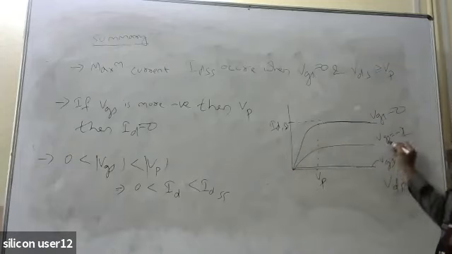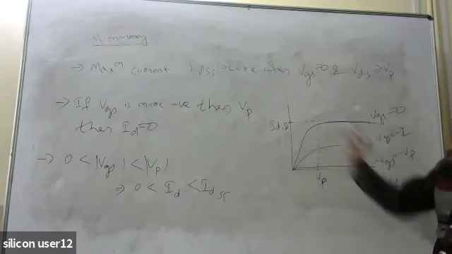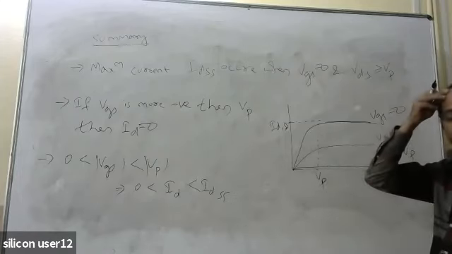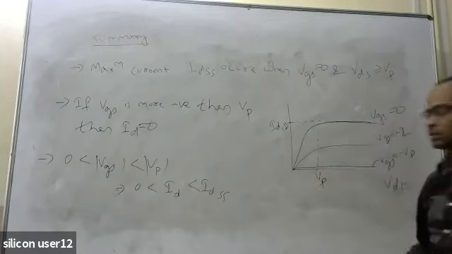So if your VGS is between 0 and VP, then your ID will be between 0 and IDSS. So these are some summaries which we have already discussed, just summarized.